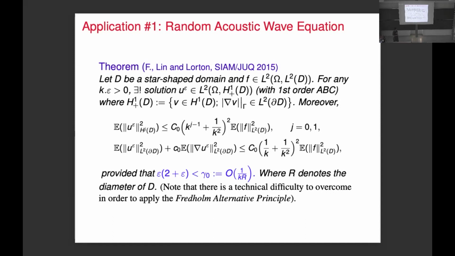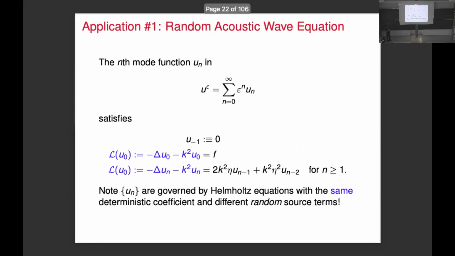Okay. And a remark here: the idea for the short wave problem is to use the Fredholm alternative principle because it's not a coercive problem, but for the random case you have to be careful using this one, because for the compactness you have to work harder to get it. Okay. So look at the algorithm.